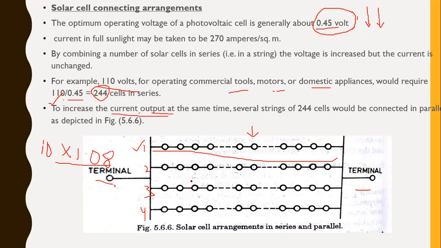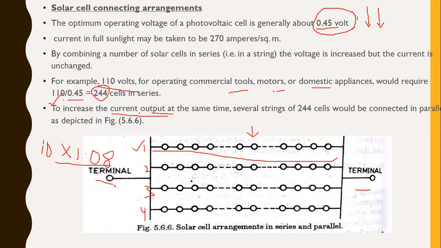There is a possibility that other cells might cause current to flow in the wrong direction through any strings having a reduced voltage. This danger can be eliminated if you include a diode, which permits current flow in one direction only.